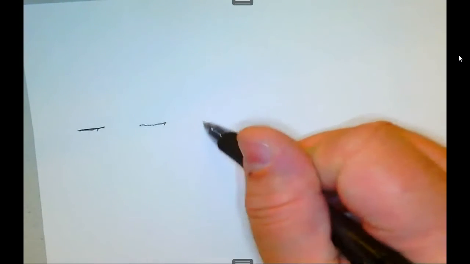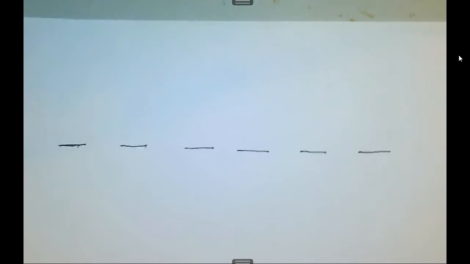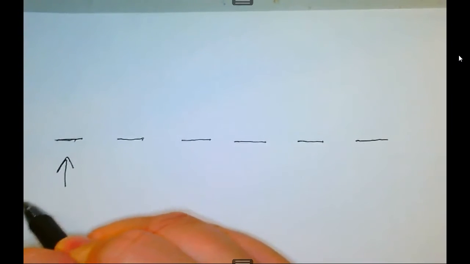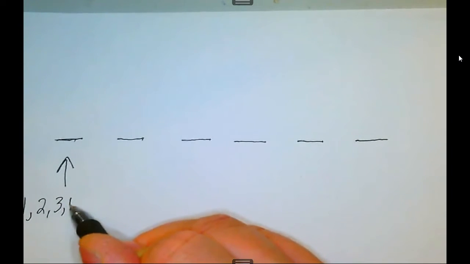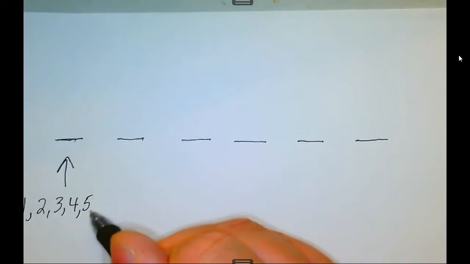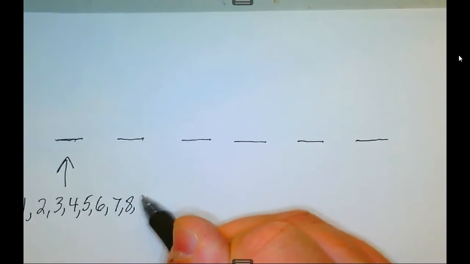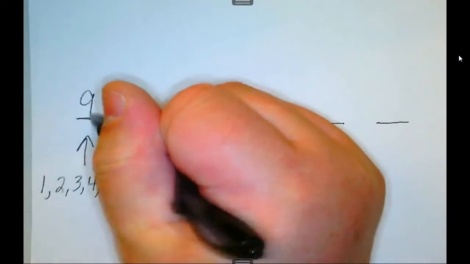1, 2, 3, 4, 5, 6. My first digit. I can only use 1, 2, 3, 4, 5, 6, 7, 8, 9. How many is that? 9.